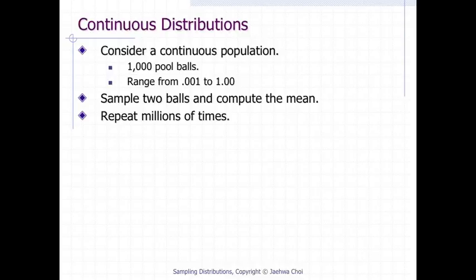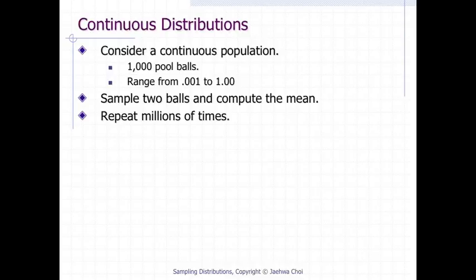As before, we are interested in the distribution of means that we would get if we sampled 2 balls and computed the means. In the previous examples, we started by computing the mean for each of the 9 possible outcomes. In this case, we would have 1 million possible outcomes. Sounds like it would be very tedious work.